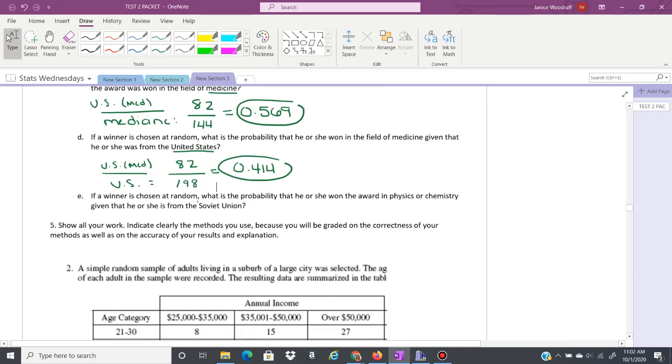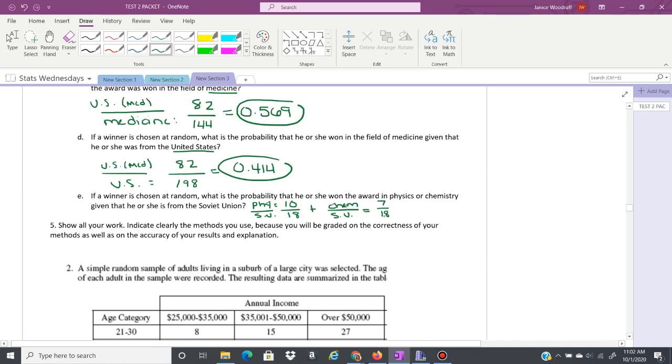So here's what we're looking at. You've got physics. There were 10 out of the 18 from the Soviet Union. Okay, plus chemistry. There were 7 out of the 18 from the Soviet Union.